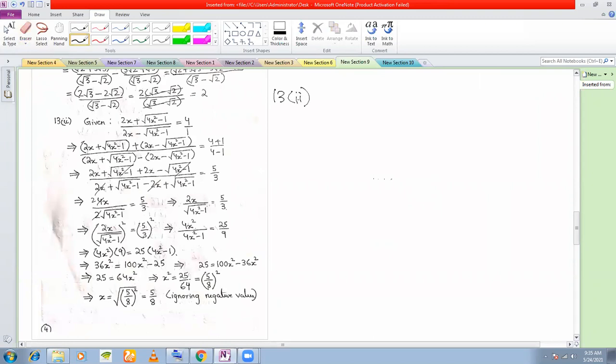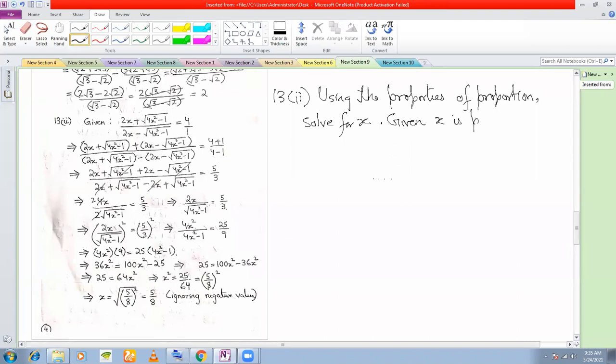And the question here is, using the properties of proportion, solve for x, given that x is positive. Solve for x. And then you have given x is positive.